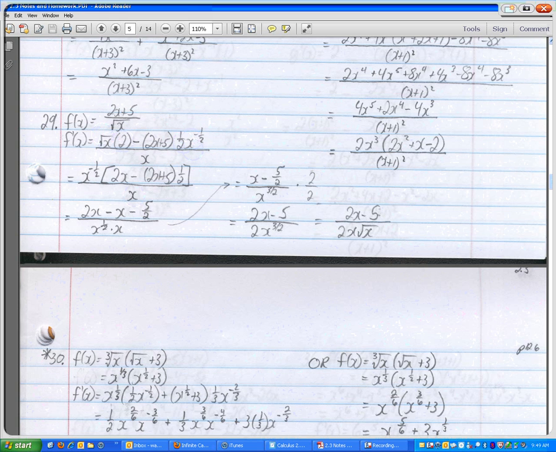Now, here's another technique that we're going to use quite a bit, and you need to listen carefully. I can distribute this times these two terms, but I get, I don't know, a mess. And a mess is what we get sometimes, right? We just do. So here's a technique we're going to use. See how, even though I wrote that as a square root of x, I've got an x to the 1/2.